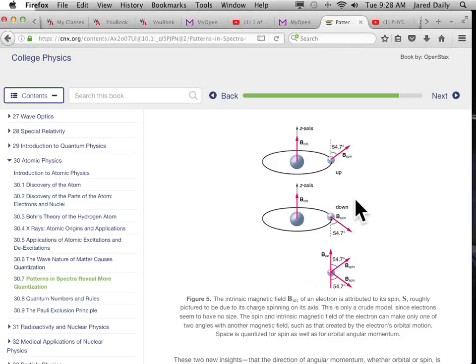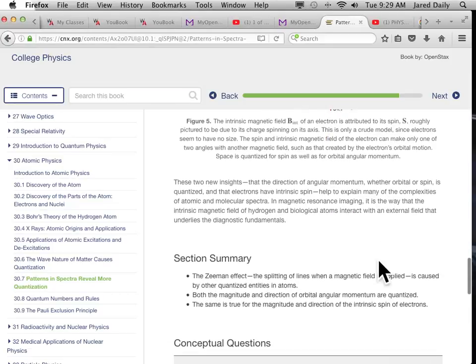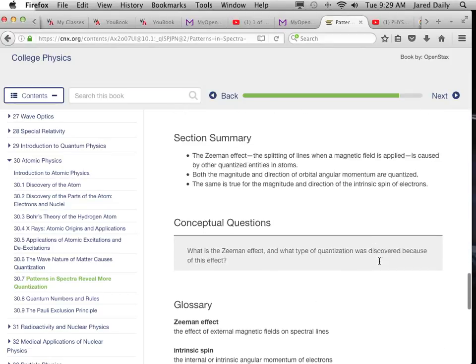But the really interesting thing is that if the spin was a spinning electron, it wouldn't be spinning on a vertical axis relative to its orbit, because we discovered that the energy actually corresponds to a spin that is 54.7 degrees from the vertical, which is kind of interesting. So there are a lot of interesting things that were learned as they studied this.